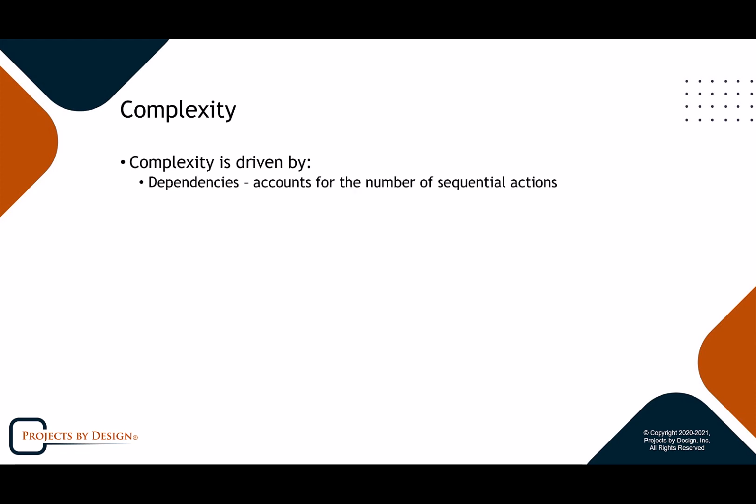Complexity is driven by dependencies. For one, the number of sequential actions, the number of things that have to occur relative to each other. It'd be great if we could just run everything in parallel, right? That would be wonderful. However, if I order equipment, then I will receive equipment.